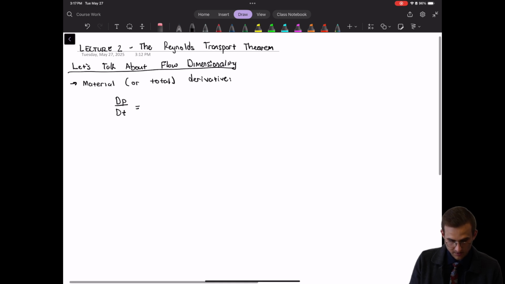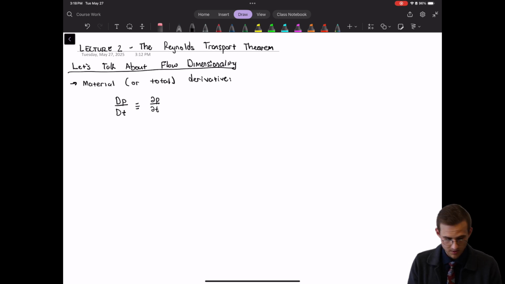And the way it's defined, and I'll use vector notation first, is that you have the local derivative, dP dt, the local partial derivative with respect to time of the pressure, plus the gradient of the pressure, dotted with the flow velocity of the mass.